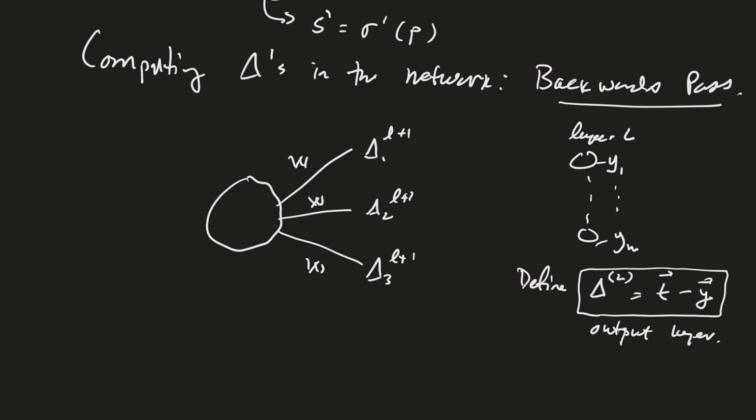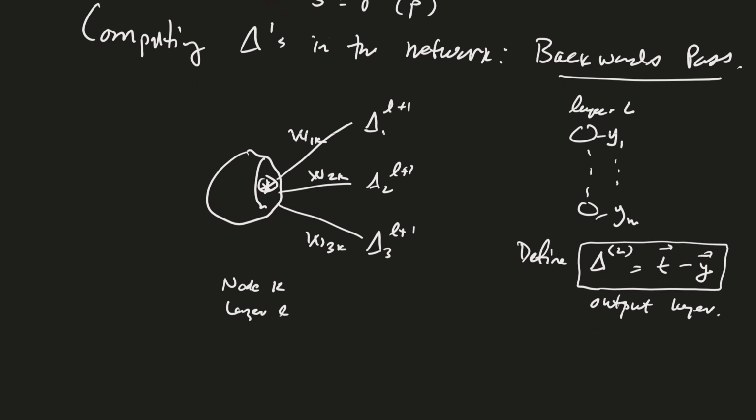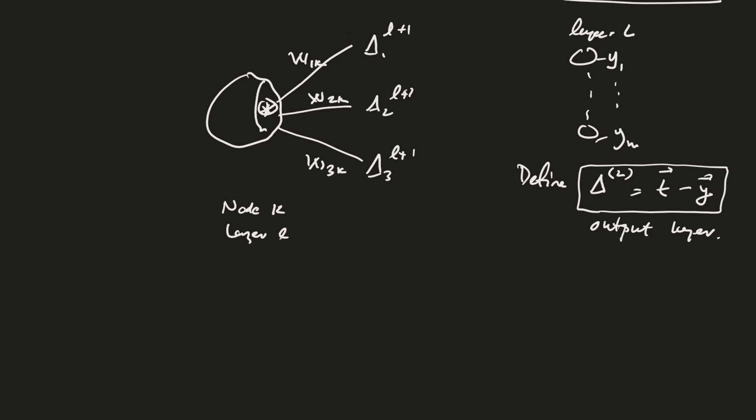Well, let's call this node K in layer L, and then what would the W's be then? Well, this is going from K to 1, and then from K to 2, and then from K to 3, right? So I'm writing those in reverse. Good.